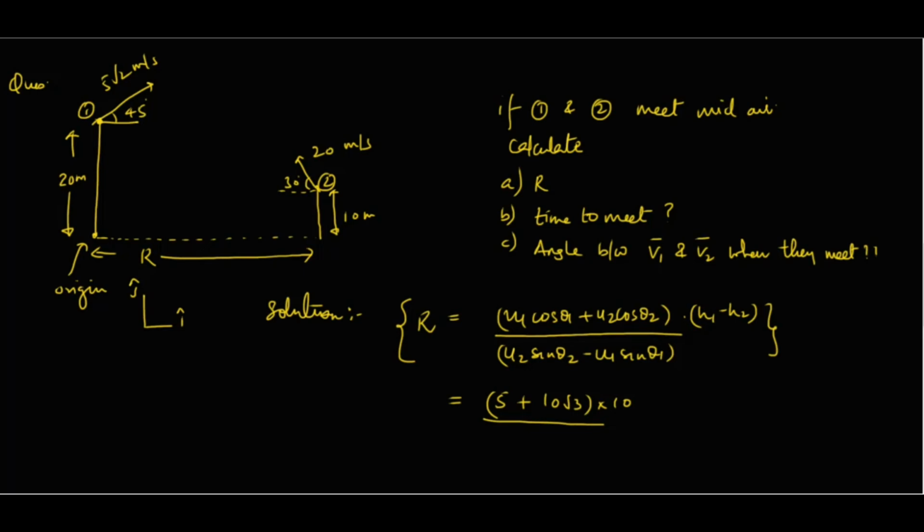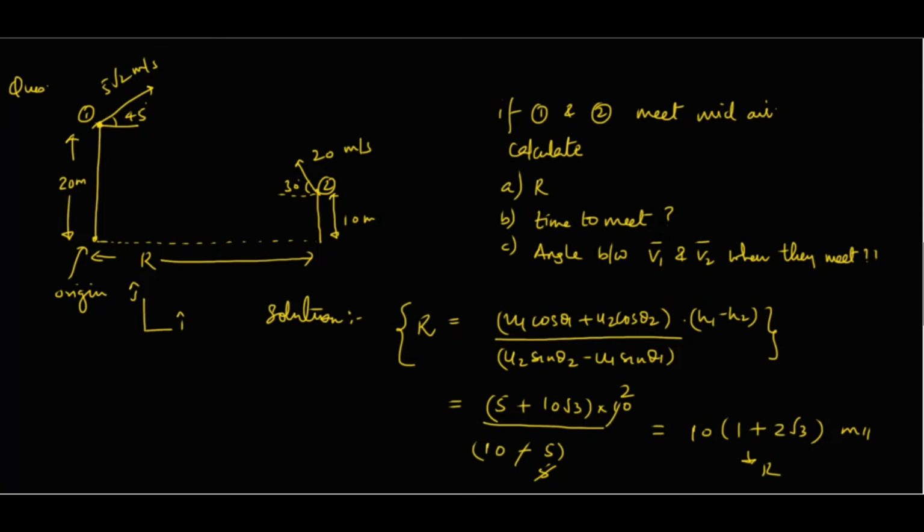So u2 sin theta 2 is 10, and u1 sin theta 1 is 5. This gives me 5, 5, this is 2, 2, so this is 10, 1 plus 2 root 3 meters. Okay, so this is the value of R: 10 times (1 plus 2 root 3).